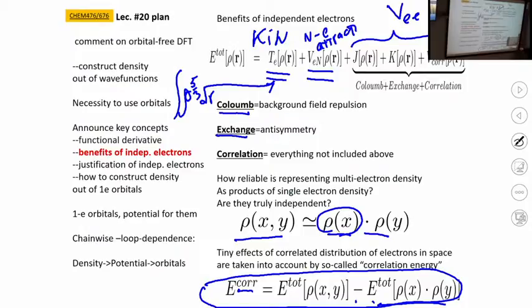So the density of two electrons is not equal to the product of the densities of the first and second because of the correlation. And the correlation energy is the difference between the energy computed in the approximation that Queenie and I can walk anywhere we like, minus the energy computed with the understanding that we are trying to escape each other. So this difference is called correlation energy.